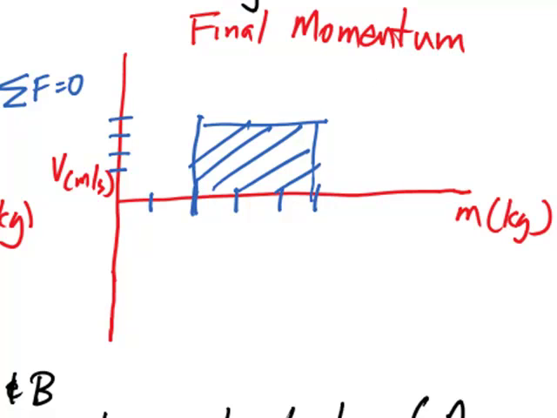We know it's 4 meters per second times its 3 kilograms, so the momentum of B to the right is 4 times 3, 12 kilogram meters per second.